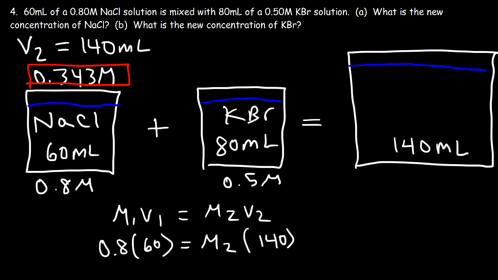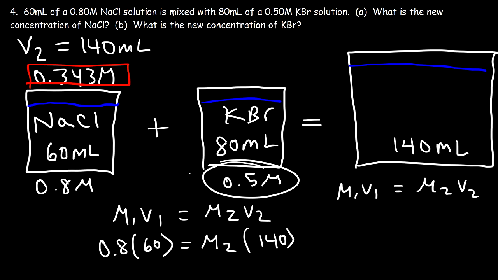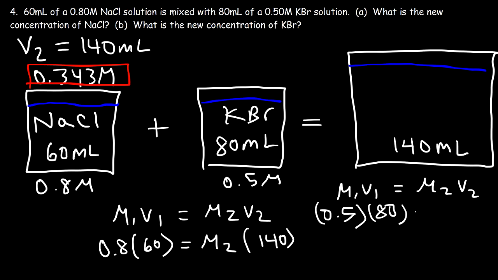Now let's do the same thing for KBr. Let's use the same formula. The original concentration of KBr is 0.5. The original volume is 80. The new volume is the combined solution, which has a volume of 140.